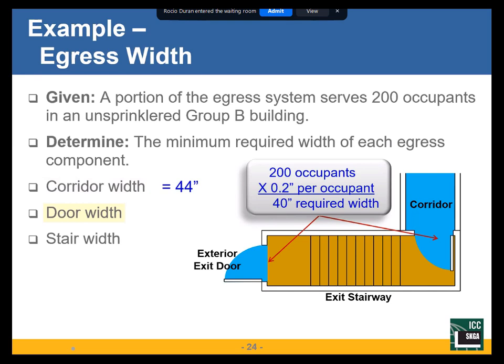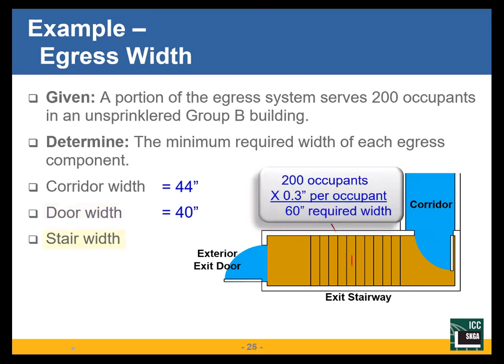In this case, my 200 occupants times 0.2 inches per person gives me 40 inches. The minimum width for exit doors or exit access doors is 32 inches of clear width. So my door width can be 40 inches. It's not the typical door, but I can have a 40-inch door.